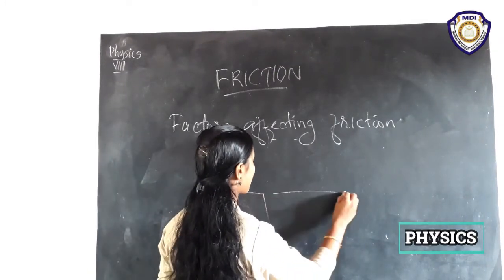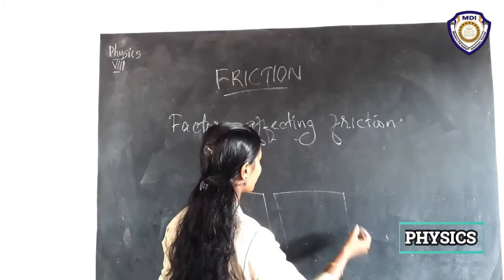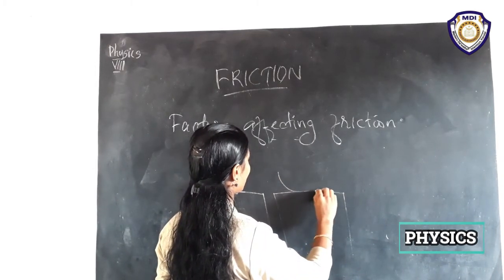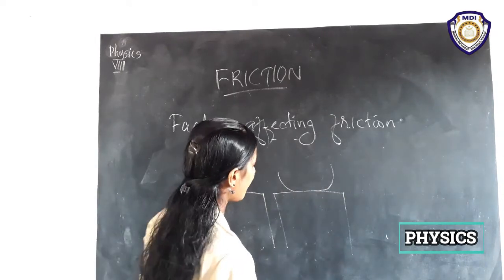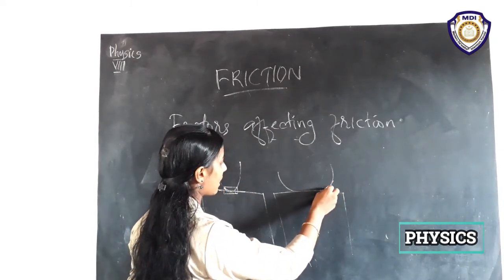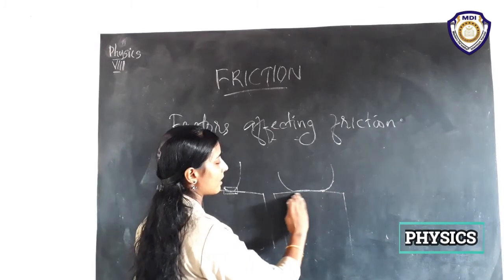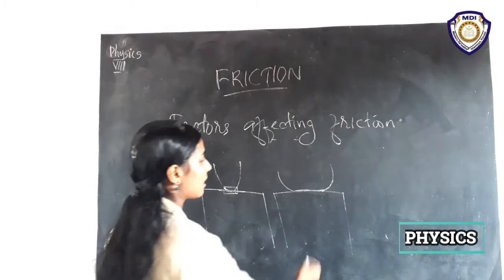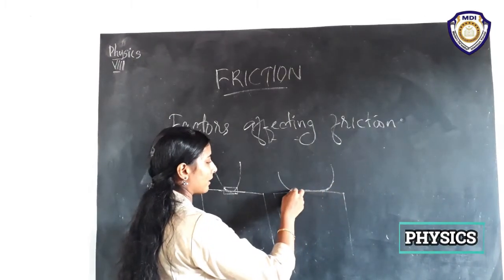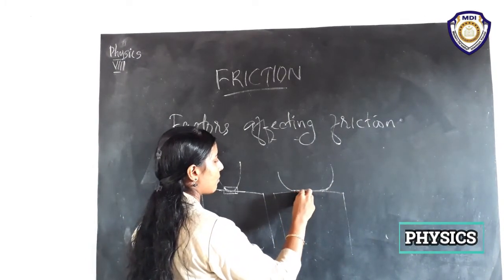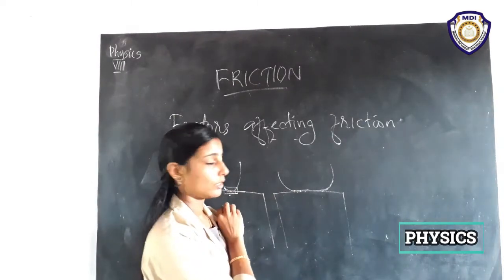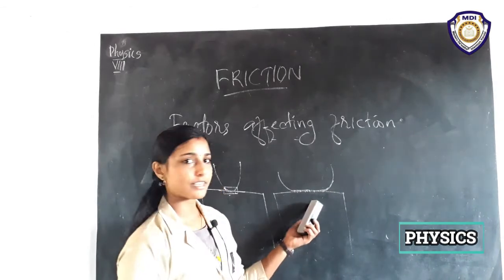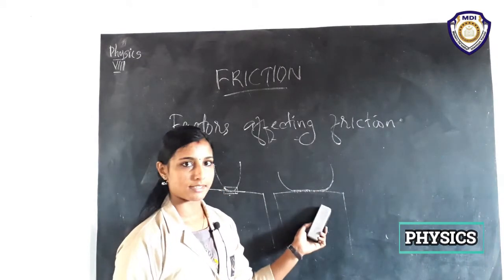In the second scenario, we have another object like this, and here the contact surface becomes somewhat larger. That means it is packed more tightly compared to this, so there may be a greater friction acting on these two surfaces.